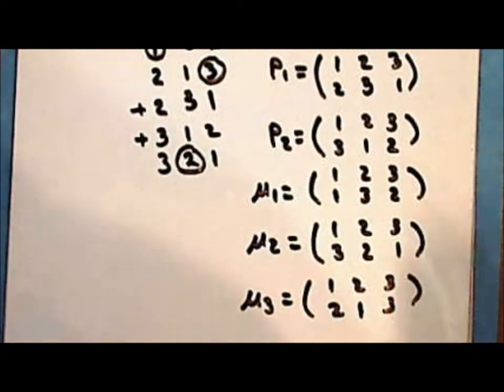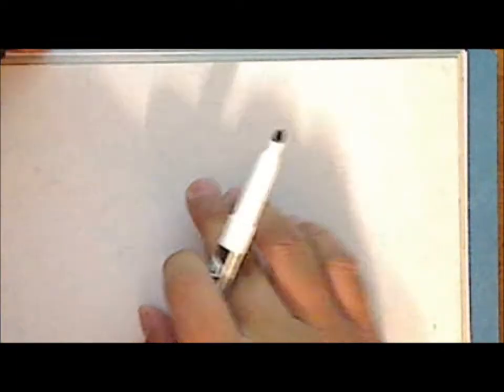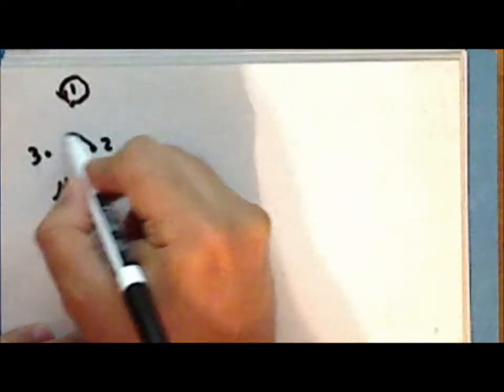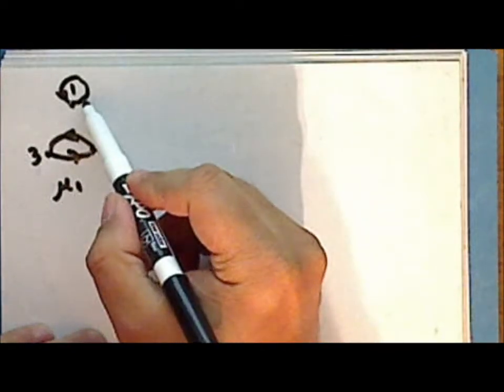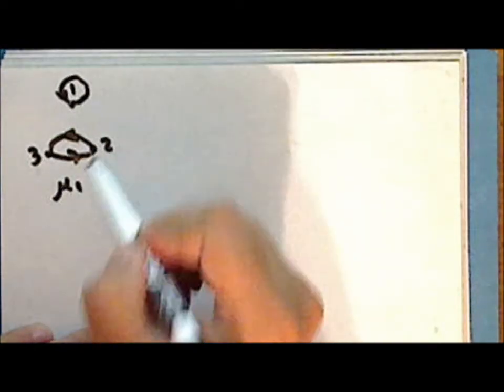Now let's look at the digraphs for mu sub 1, mu sub 2, and mu sub 3. So the map mu sub 1 fixes the first element and exchanges the other two, so that we have a loop on the vertex 1 and a cycle from 2 to 3 and then back to 2.